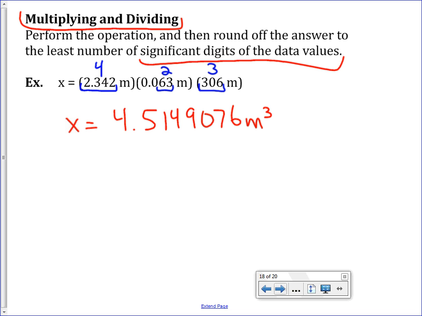So our answer should have the same number of significant figures as the number with the least amount of sig figs. In this case, our answer should only have 2 significant figures, so we will have to round accordingly. We'll keep the 4 and the 5. Those 2 are the significant figures that we'll take. For the rest of these numbers, we have to determine whether we round up or round down. In this case, we are going to round down, and we're just going to drop those numbers at the end. So our answer is going to be 4.5 meters cubed.